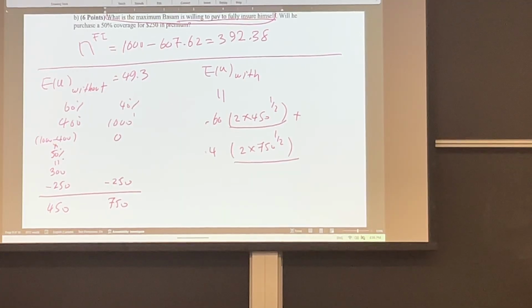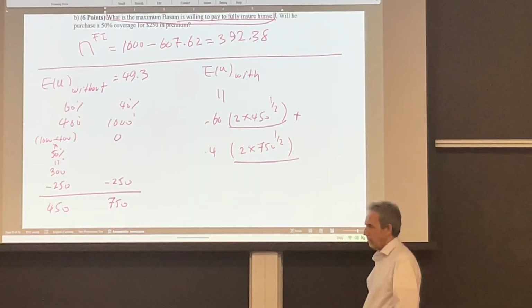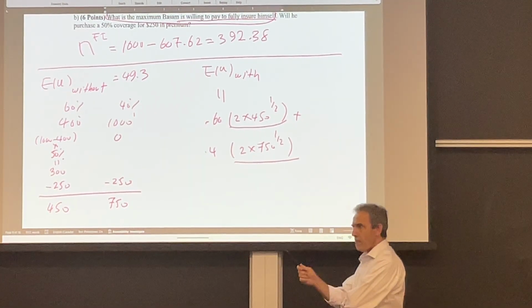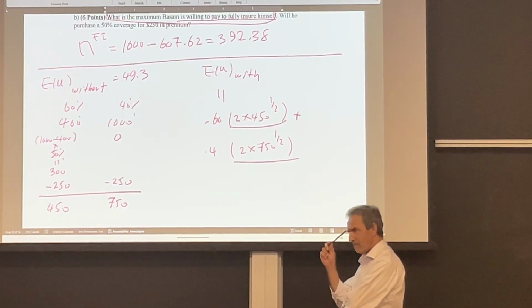What is the utility of 450? What is that part? 2 multiplied by the square root of 450. What do you get there? I get 2 times the square root of 450.